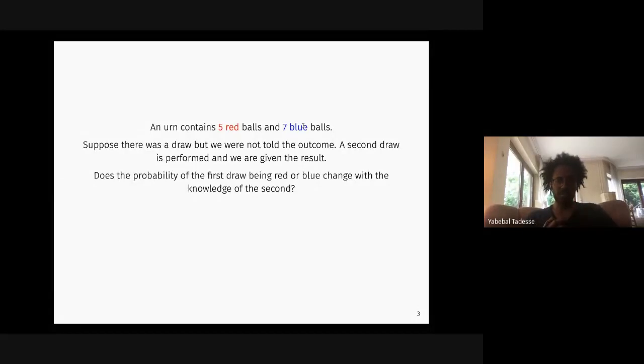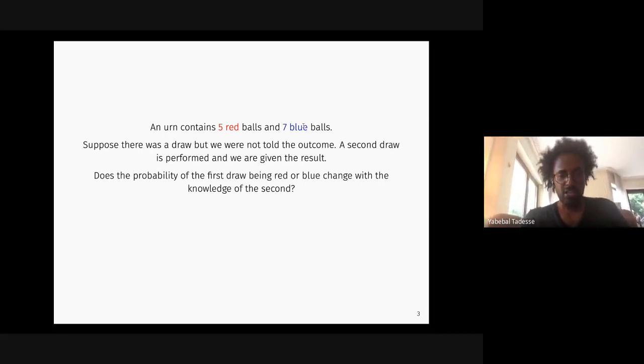I like to start with this because it gives you a brain teaser, but at the same time makes you think, okay? So one is that you have 5 red balls and 7 blue balls in a container.